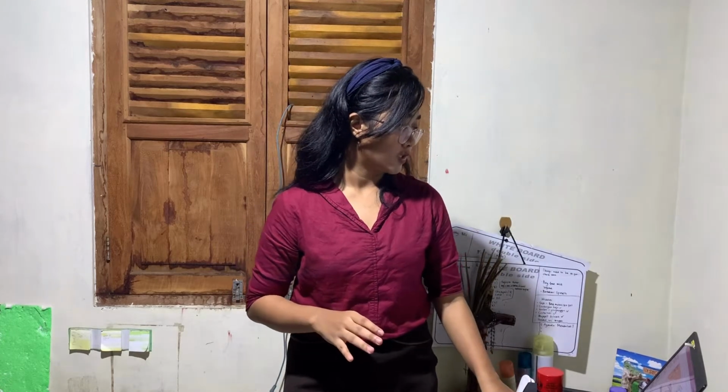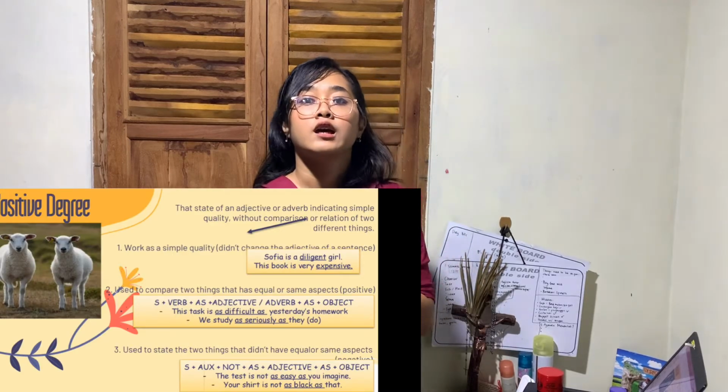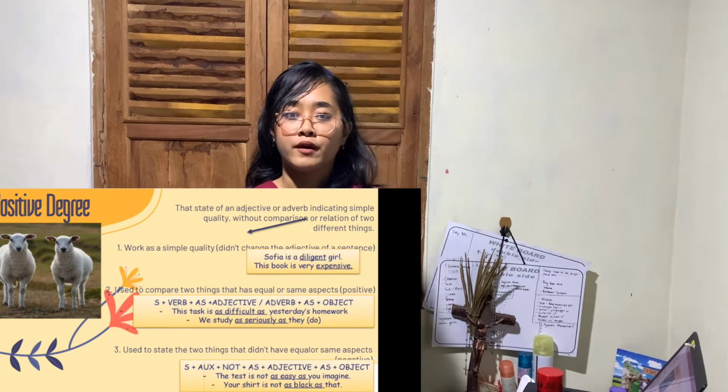And now we will move to the positive degree. Okay, so do you know what the positive degree is? Anyone want to answer? Okay, Chandra? Yes, good. It's the basic form of the degree of comparison.